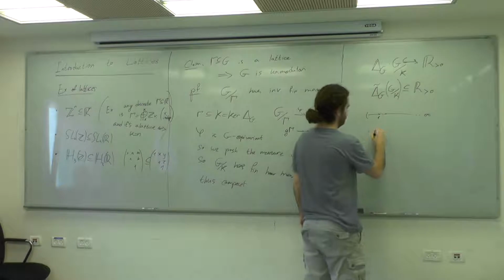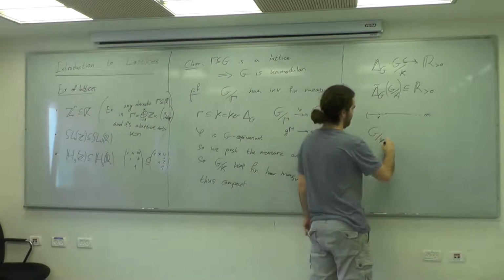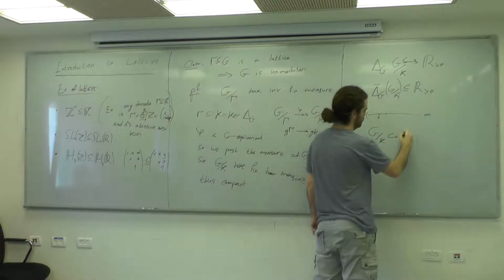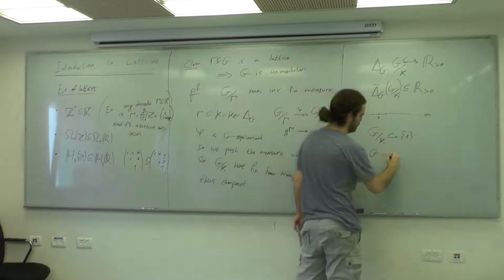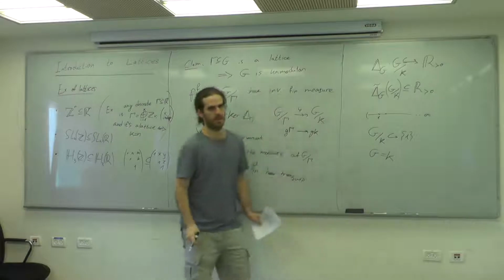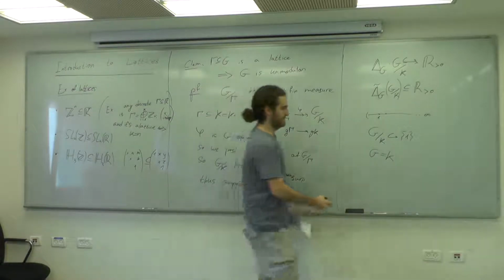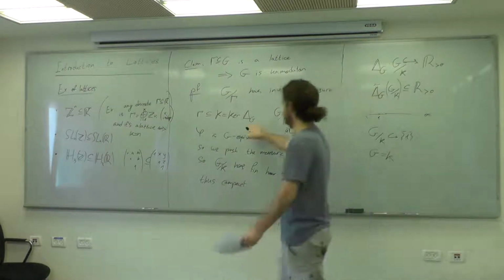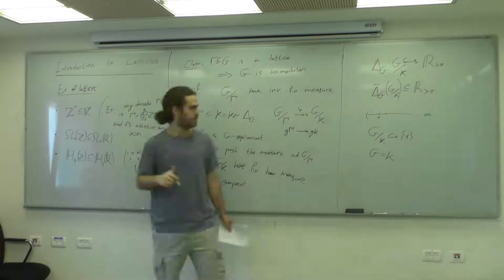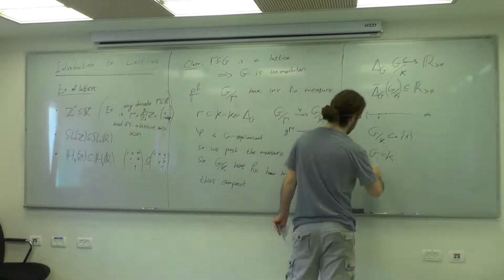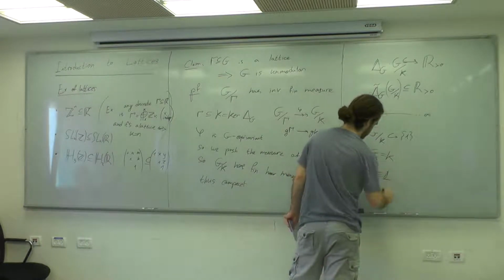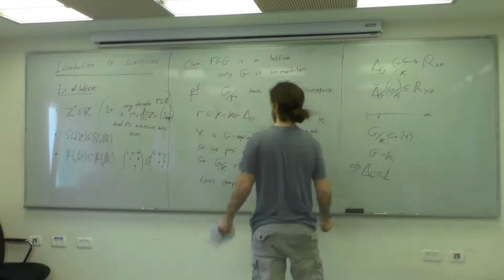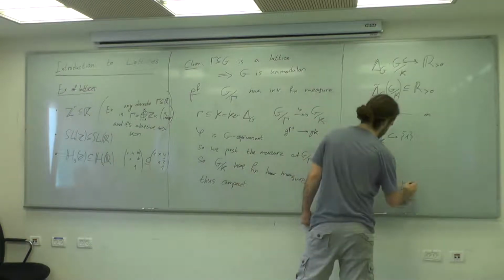So G mod K injects into the identity, so G has to be equal to K, which means that the kernel is everything. So delta G is equal to 1 identically, which means that G is unimodular.